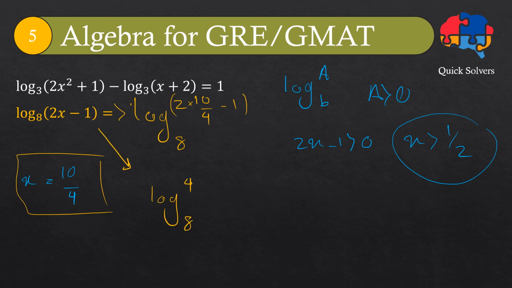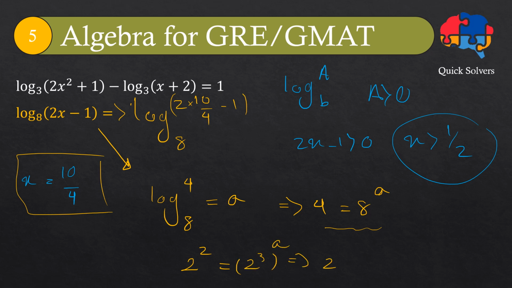We know if this equals something like a, then we can say 4 equals 8 to the power of a. To find this, I will write 4 as 2 to the power of 2, and 8 as 2 to the power of 3, all to the power of a.